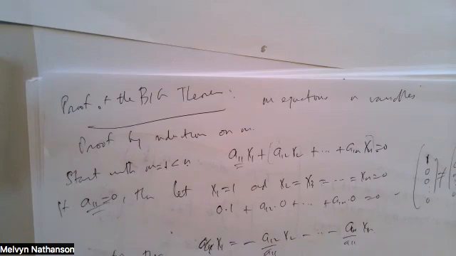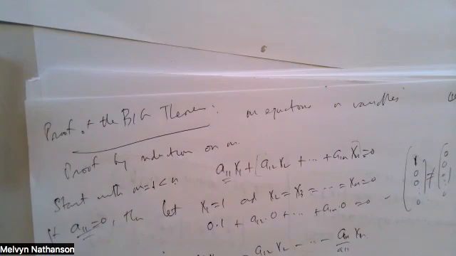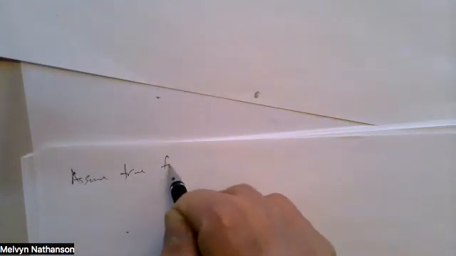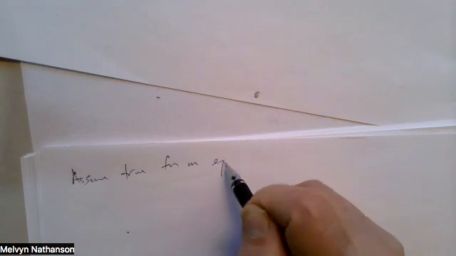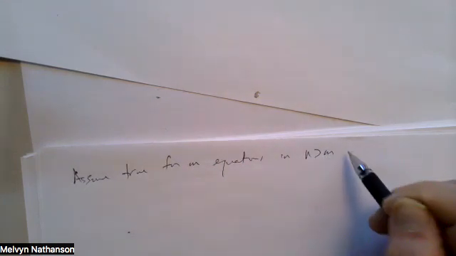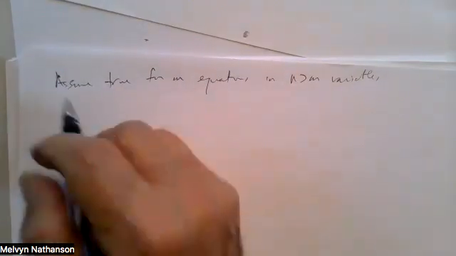So if you only have one equation and two or more variables, it's pretty simple to see that there is a non-trivial, non-zero solution. So assume it's true for m equations in n greater than m variables.